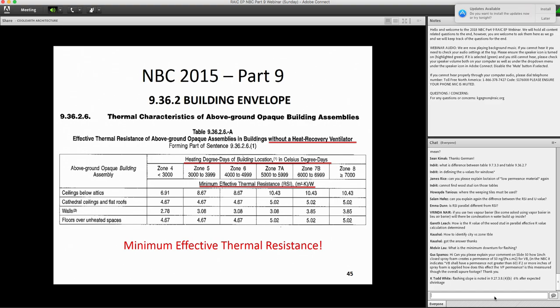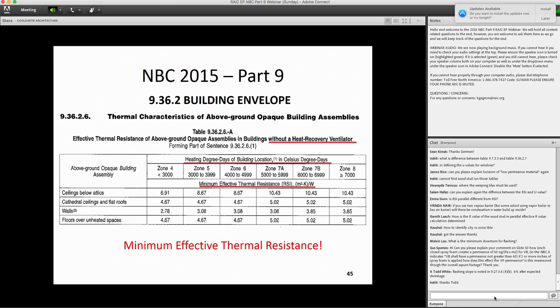What is the difference between table 9.33 and 9.36.2? Table 9.7.3.3 is just the basic compliance, and table 9.36.2 is for high energy efficiency compliance.